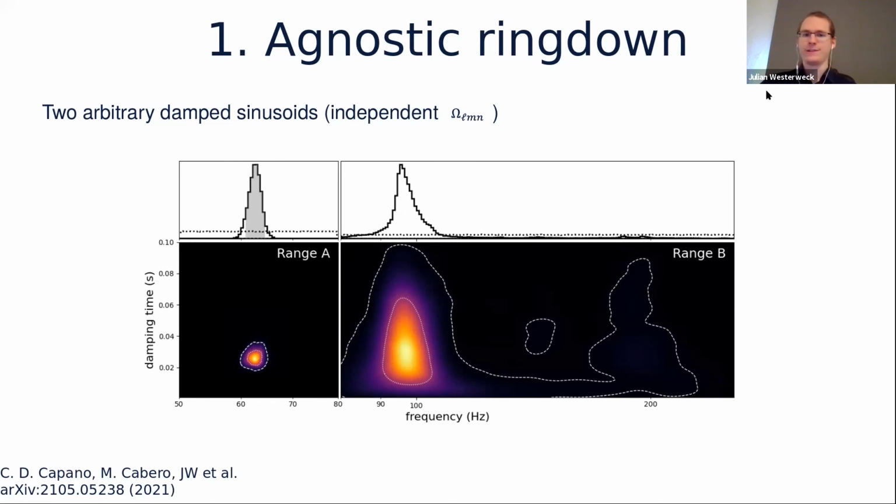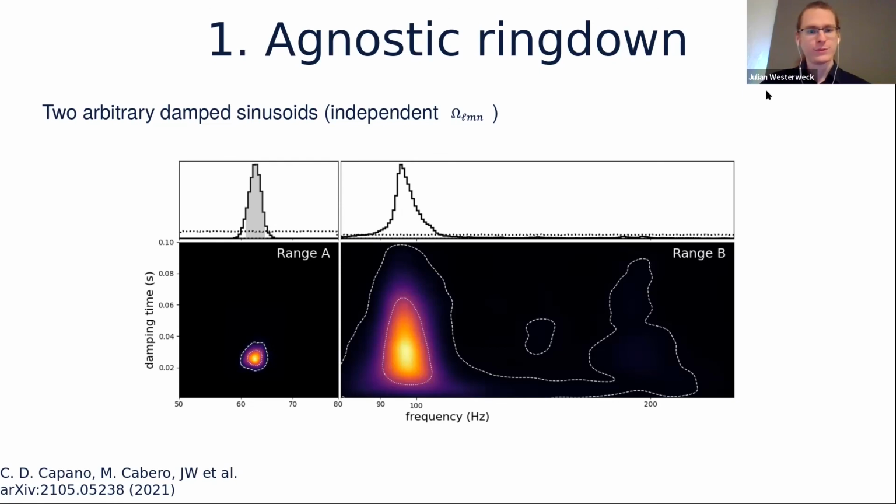So there would be a degeneracy that we remove in this way. And if we do this, we find that in a frequency range that is called A here, we find a damped sinusoid that is very well measured with very well constrained parameters.